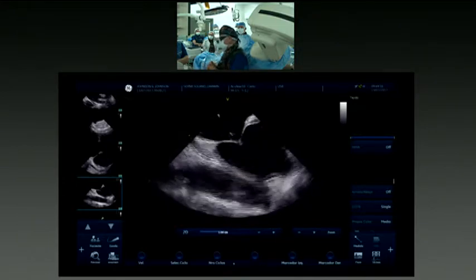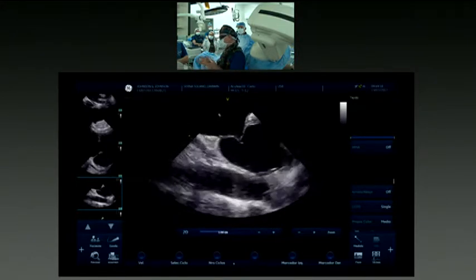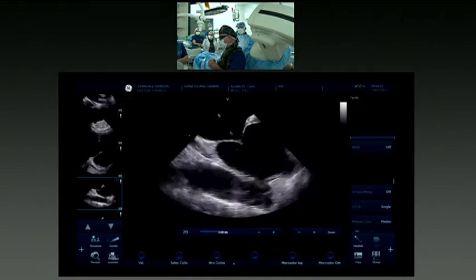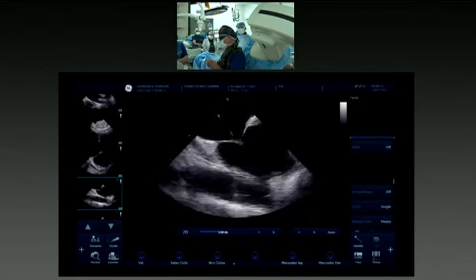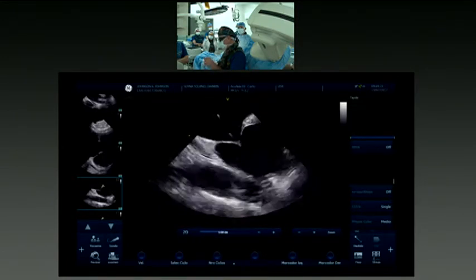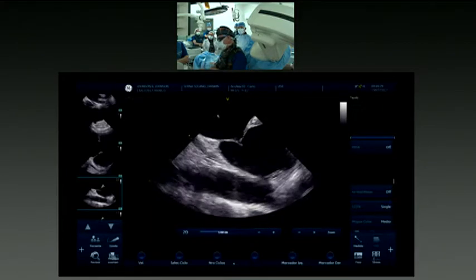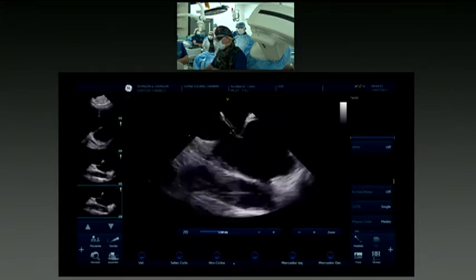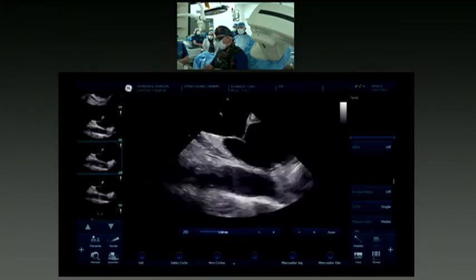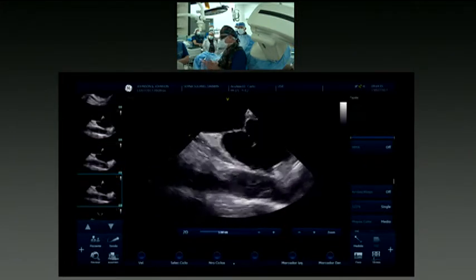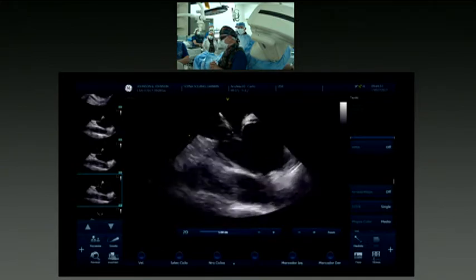It's somewhat posterior for cryoablation. It should be more anterior and inferior, but in fact, this is a normal atrium. We had some difficulty in moving more anteriorly, but here we did the transseptal puncture with no complications.